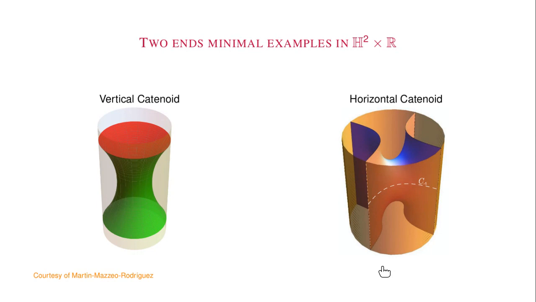There are two ends, and the two ends are asymptotic to a totally geodesic vertical plane. You see this and that. So, of course, they are really different, and sorry, H equals 0, minimal surfaces.